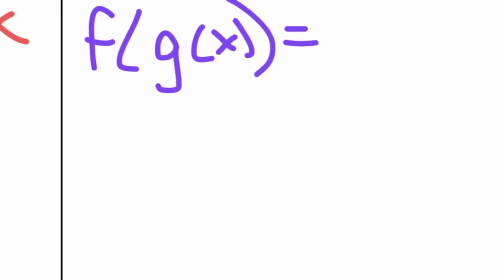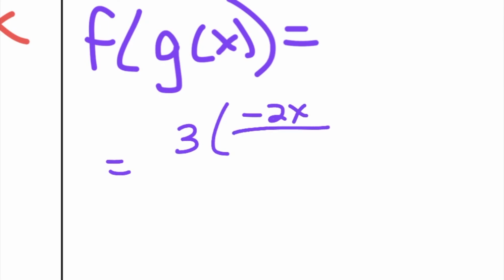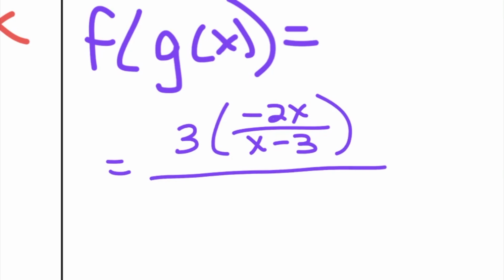So here, f of g of x, I'm going to substitute that fraction g, 3 times, and then negative 2x over x minus 3 in the numerator. And then the denominator of the function f is x plus 2. So I'm going to take that same g of x and start with that.